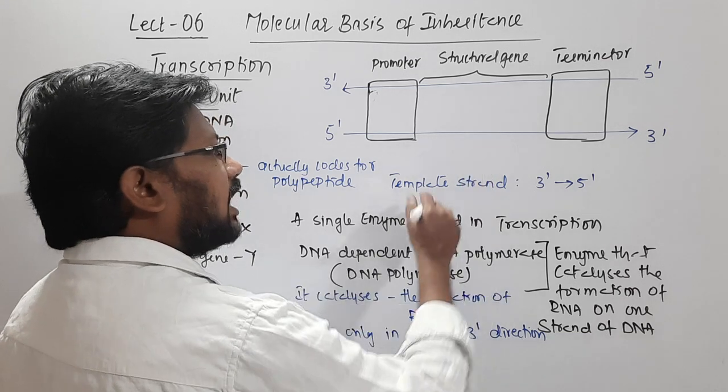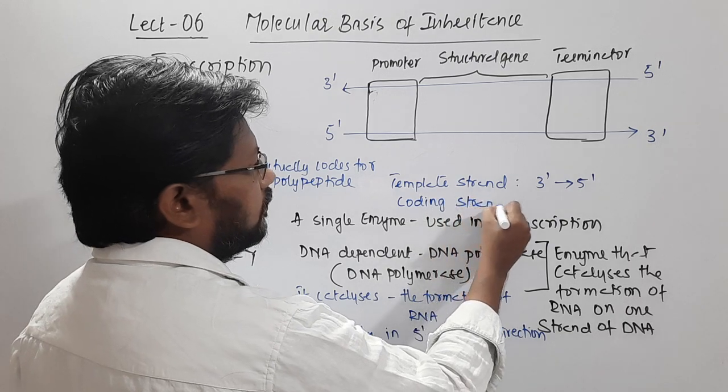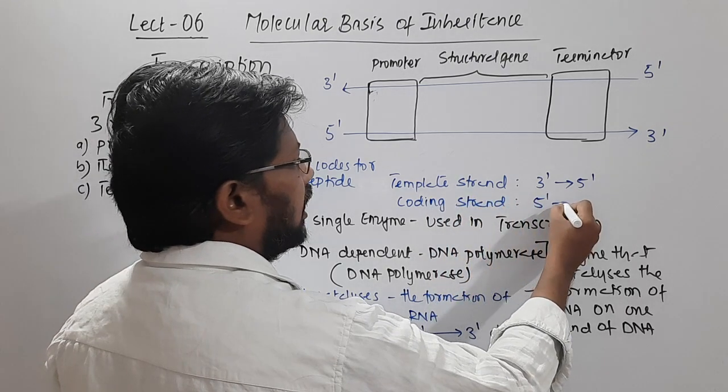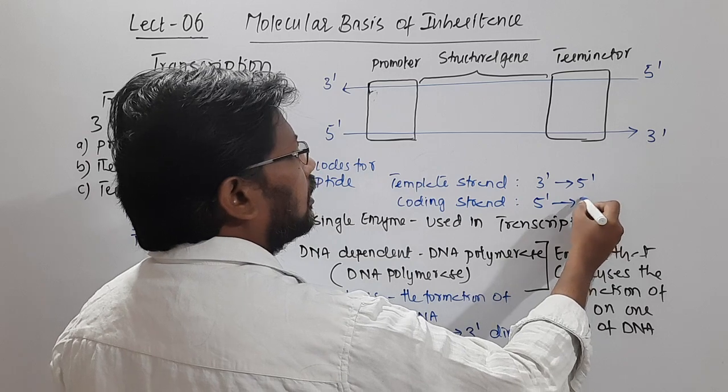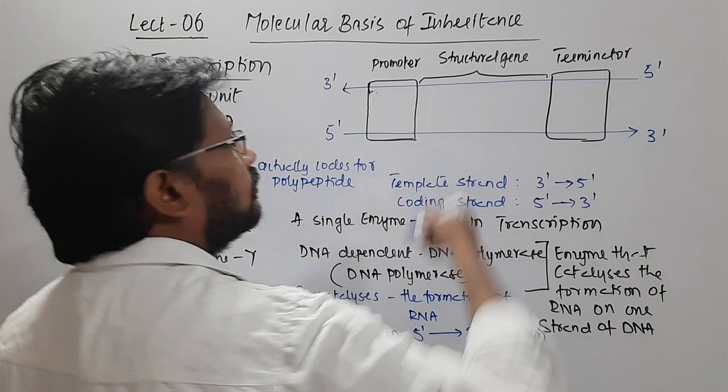The opposite strand is called the coding strand, and this will have the polarity of 5' to 3'.